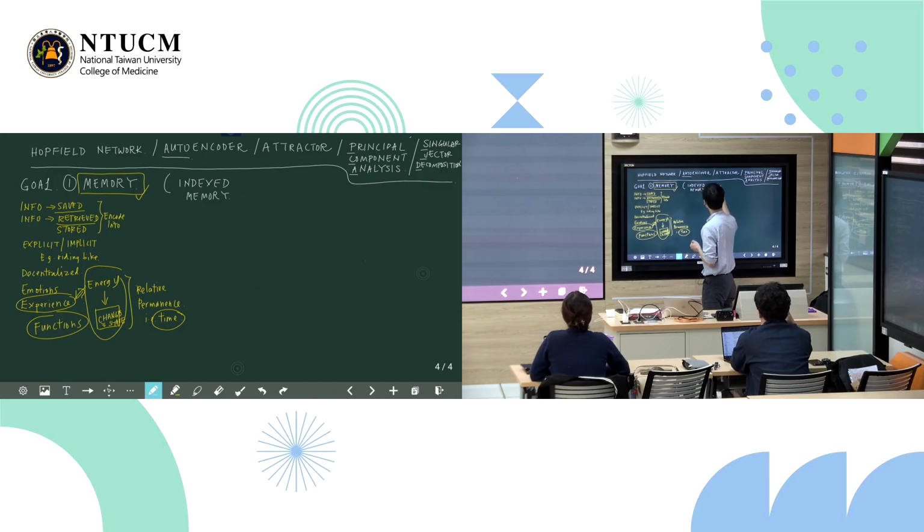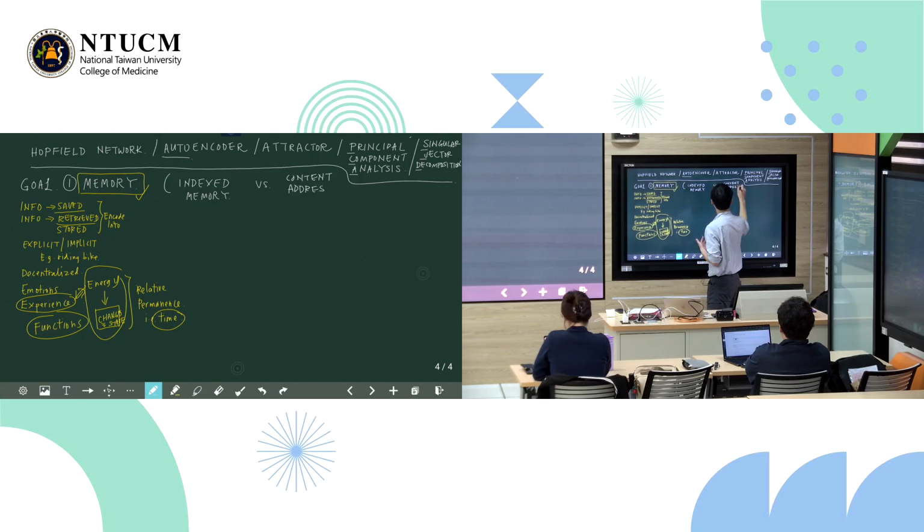And then versus, which is what Hopfield is trying to implement, and is suggesting that this is what we do, really. Content addressable memory, CAM.